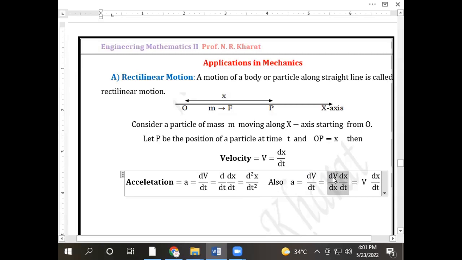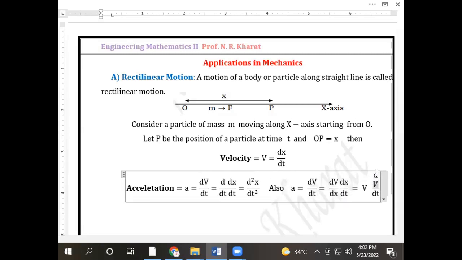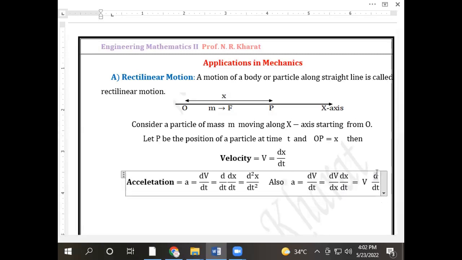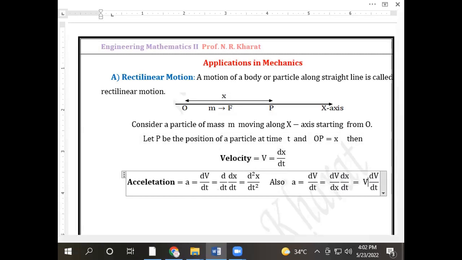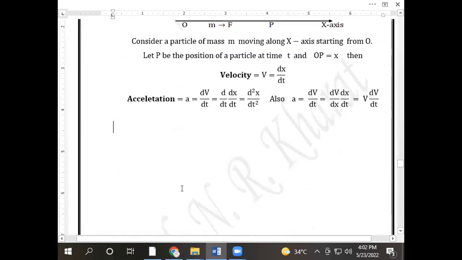We know that dx upon dt is nothing but v, and dv upon dx remains as it is. So we get the acceleration in terms of velocity and displacement, a equal to v dv upon dx.